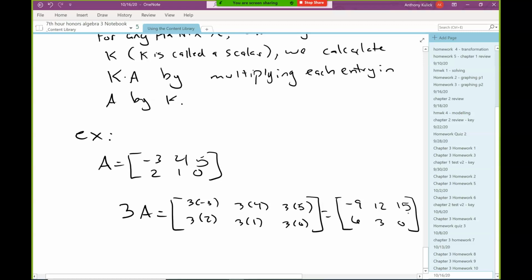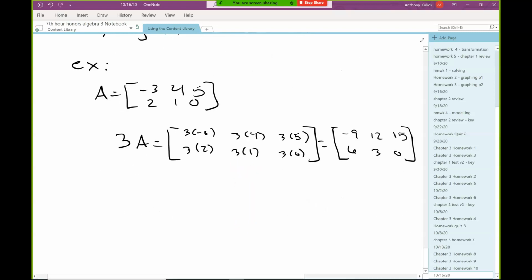Is everybody okay with that idea? Again, pretty easy to do this calculation, right? No big deal.